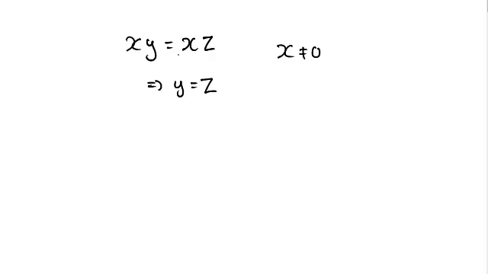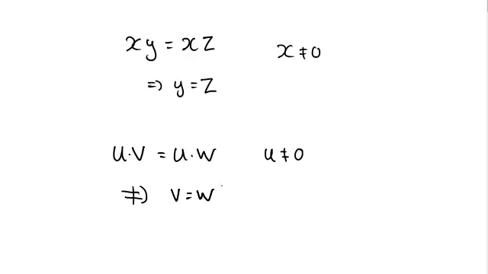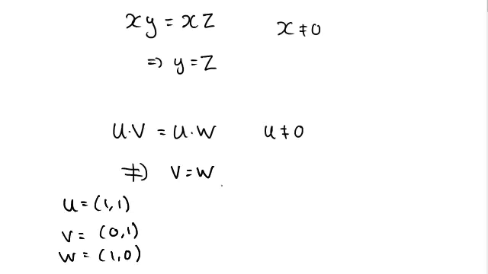Unfortunately, for vectors, this is not true. If I know that the dot product between u and v is equal to the dot product between u and w, then even if the u vector is not a vector with all zeros, I cannot conclude that v must then be equal to w. That simply isn't true. And here's an example.